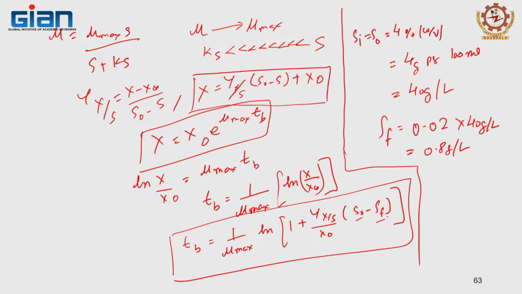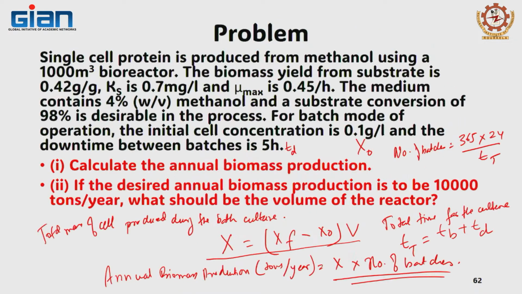Do I have Y x by S already? The biomass yield from substrate is 0.42 gram per gram, Y x by S is 0.42 gram per gram. It is given. You are given your mu max.